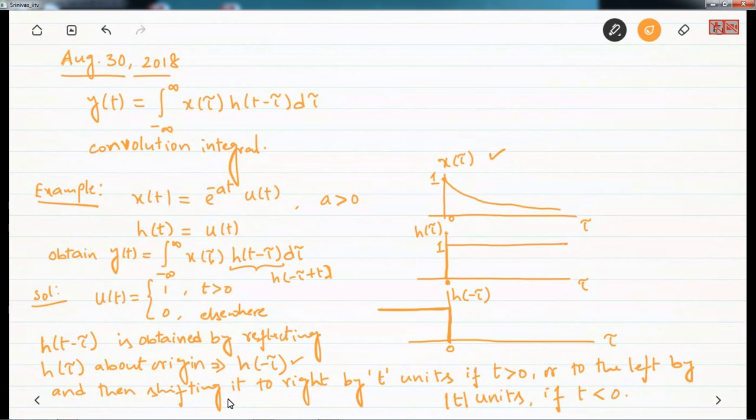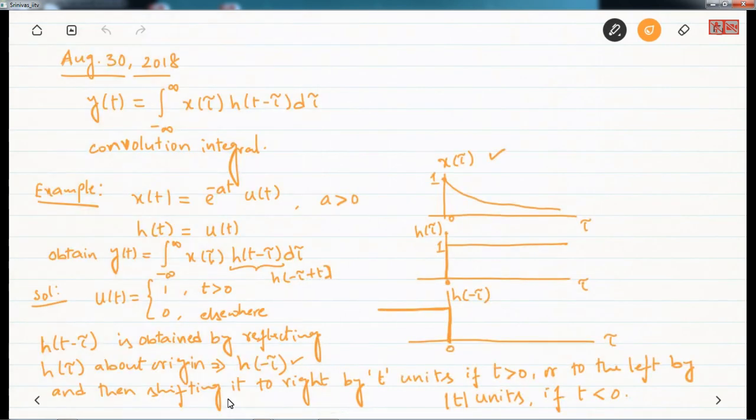Now to obtain h of t minus tau, we need to shift the signal to the right by t units if t is a positive number, or shift the signal to the left by modulus of t units if t is a negative number. So let's see that in the next page.